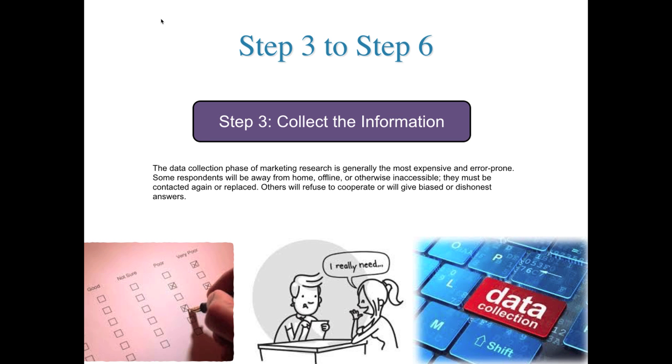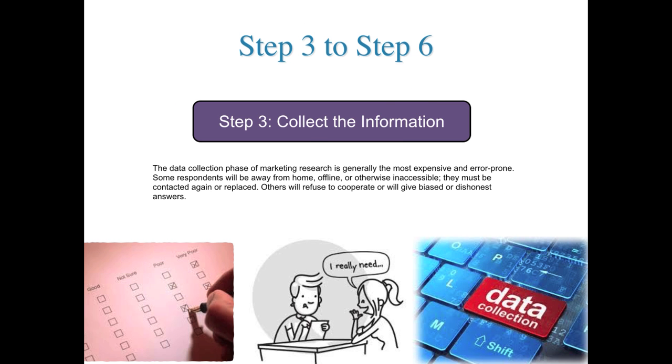They may not have online access or be inaccessible for whatever reason. And sometimes they have to either be contacted again, which is time and money, or new participants have to take their place. Sometimes people will actually just refuse to take part or cooperate, and that could lead to biased and error data.